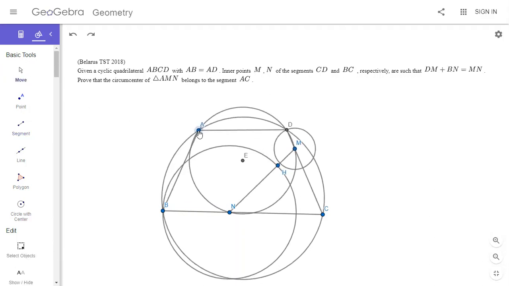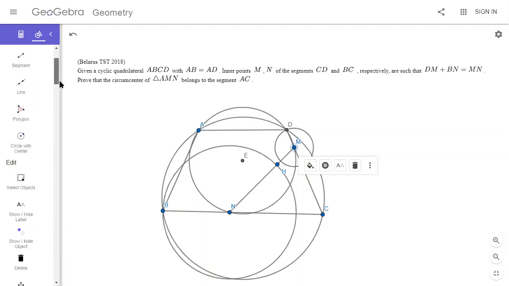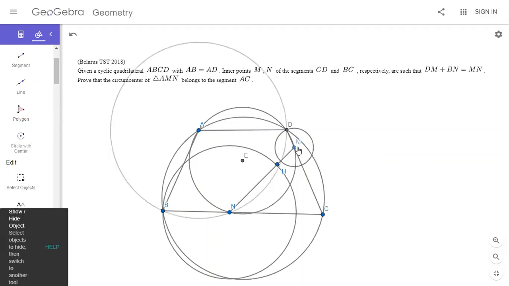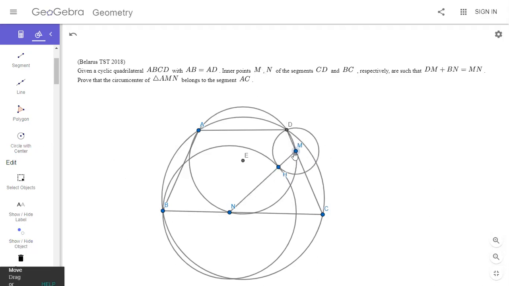Let's try drawing things a little bit differently. Whoops, I hid those points. Yeah, okay.